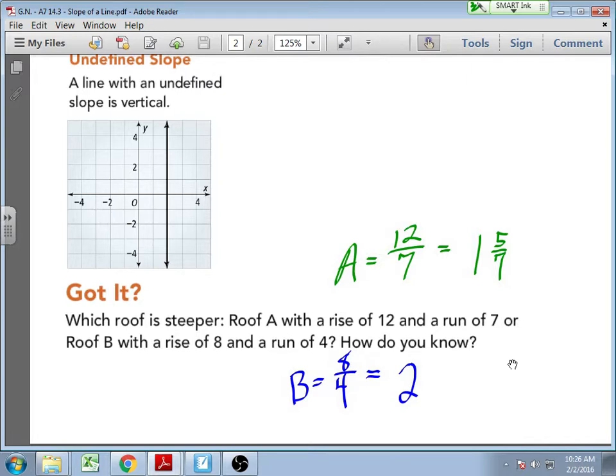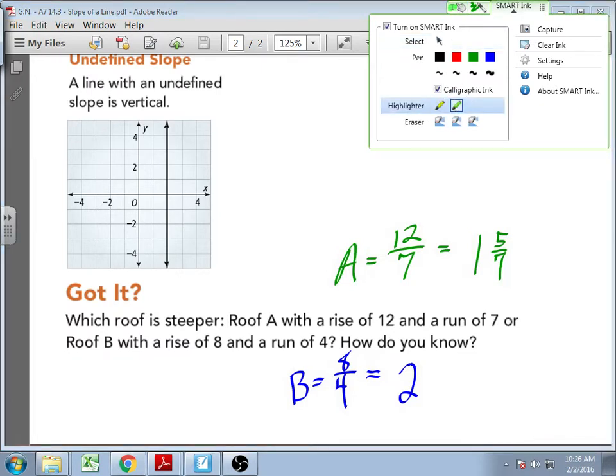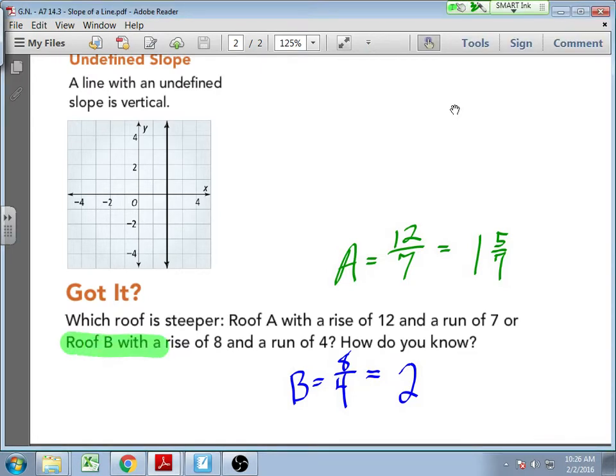If we're looking for which one is steeper, roof B would win. It has a steeper pitch. It's going up more for the same horizontal change. Because if I evaluated this in sevenths to compare with my 12/7, this would be 14/7. It goes up an extra 2 every horizontal change that we look at. Does that make sense how I could compare these?